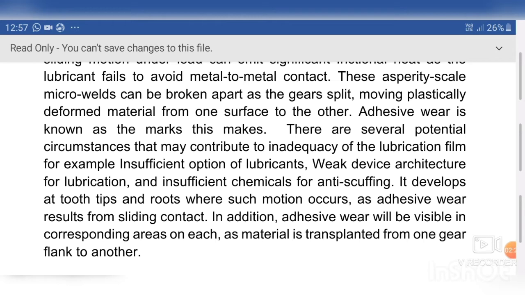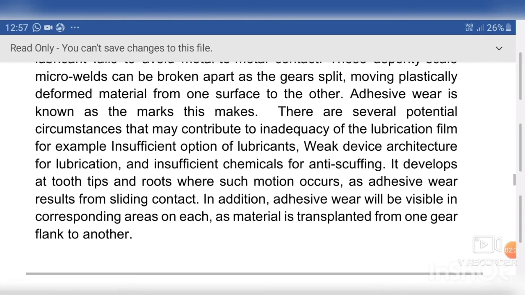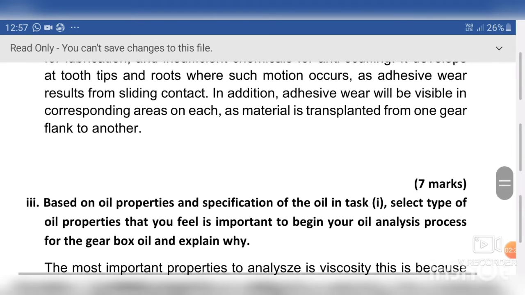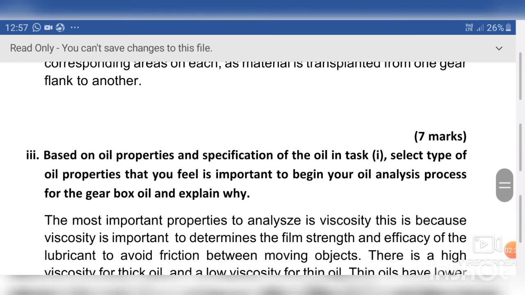In addition, adhesive wear will be visible in corresponding areas on each gear, as material is transplanted from one gear flank to another.